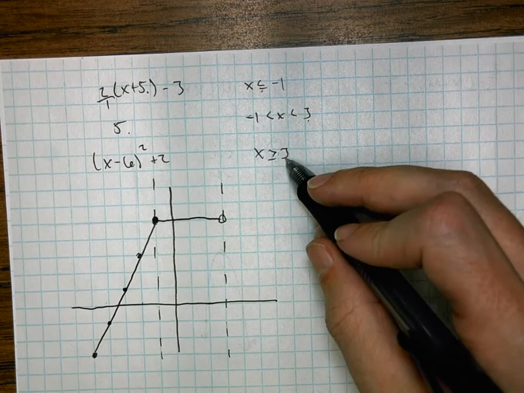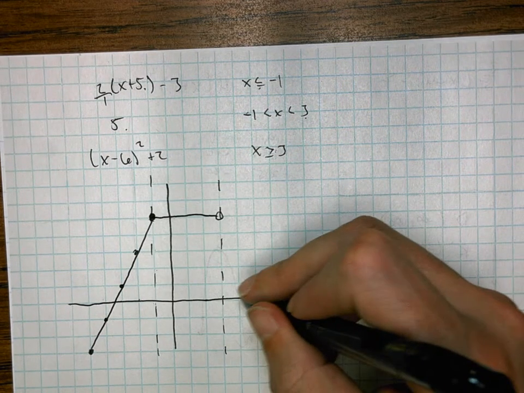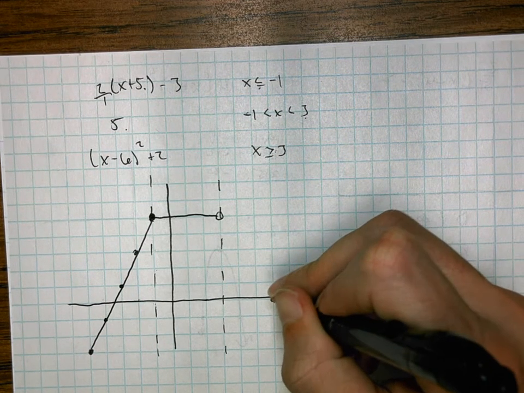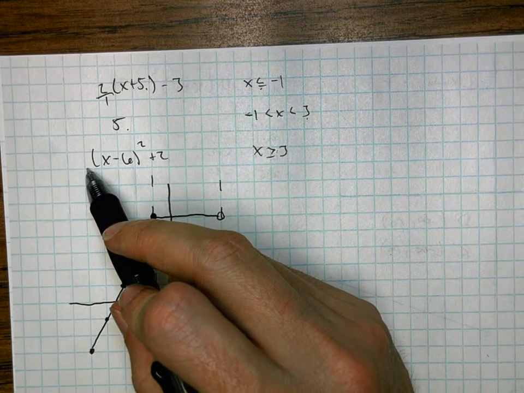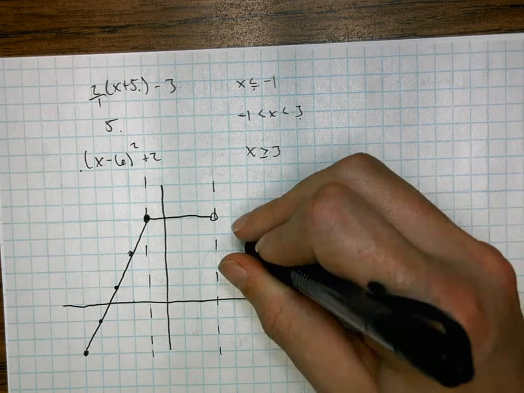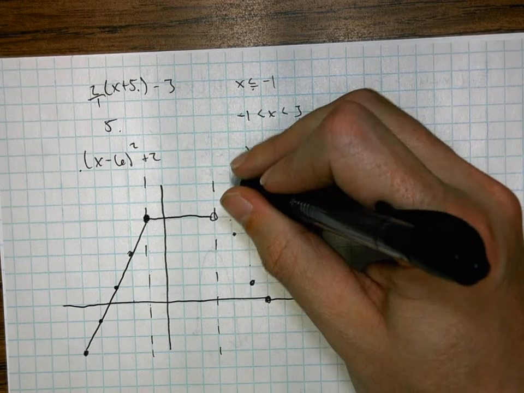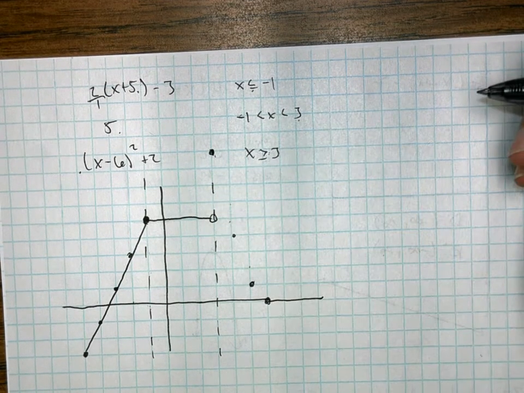So let's graph this. We go right 1, 2, 3, 4, 5, 6. There's our starting point. And we follow the 1, 3, 5 pattern because there's a 1 in front. Up 1 over 1. Up 1, 2, 3 over 1. Up 1, 2, 3, 4, 5 over 1. So it's a closed circle up here, open circle down here. And it's symmetric.